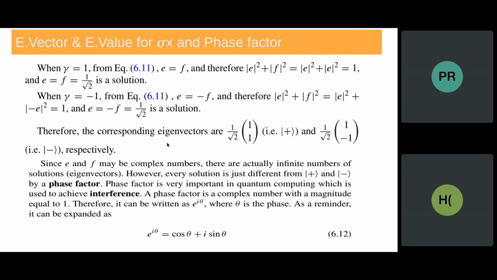Since these may be complex numbers, there are actually a finite number of solutions. It's not just that these are the only ones. But then what is the difference? The difference happens because of the phase factor. So what is the phase factor? Every solution is different for the plus minus factor, and similarly for any other angle.